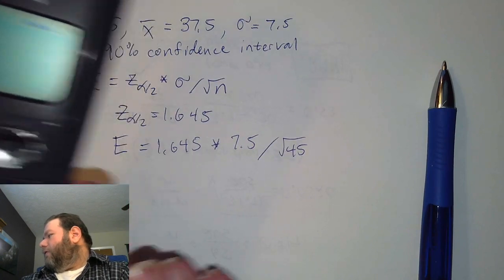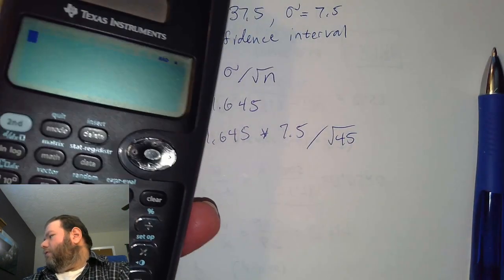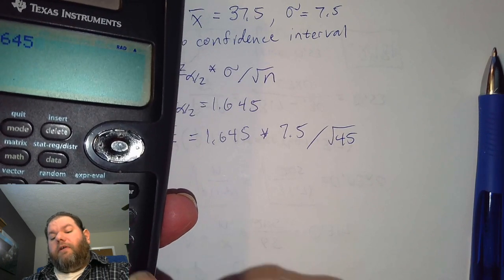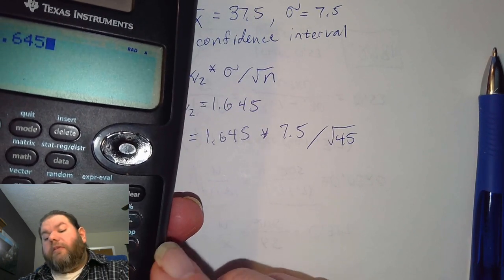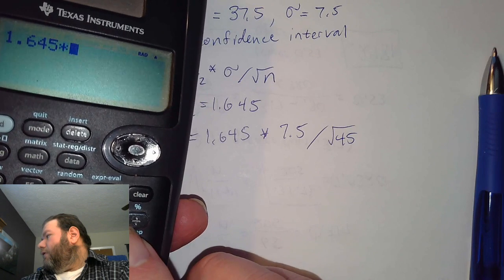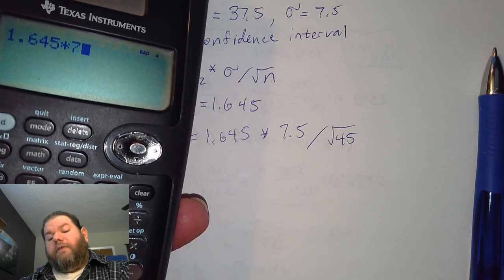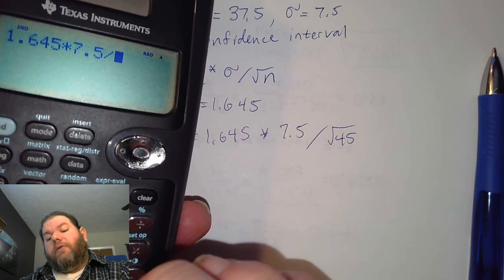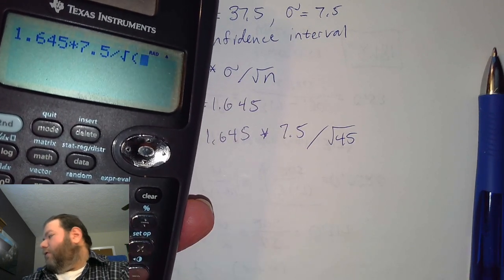So we take 1.645 times 7.5, and then divided by the square root of 45.